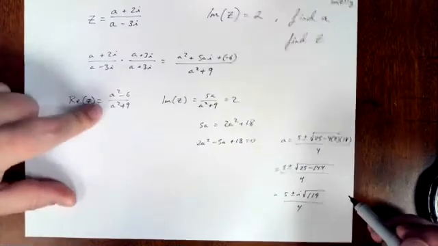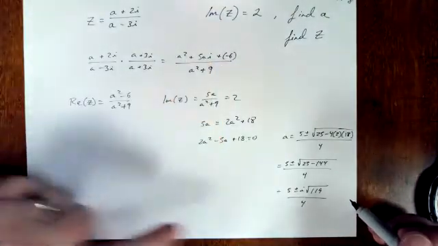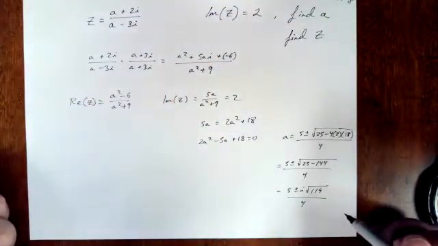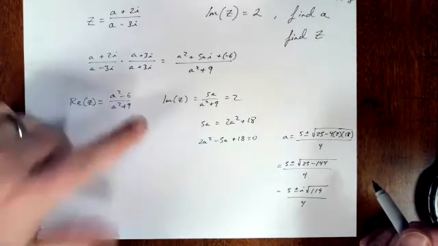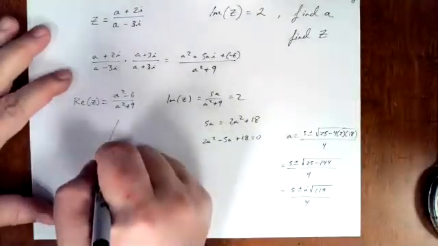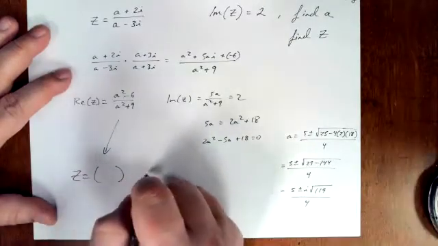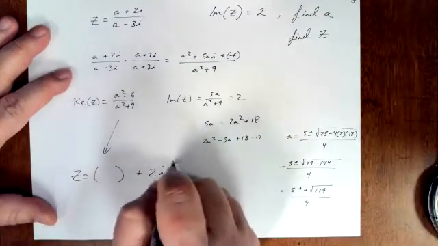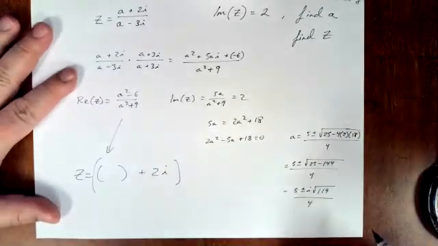Or you could plug it back into this. You already know what the imaginary part is. You don't have to fool with that. But you would take this, plug it into here, and find out what the real part is. And once you found out what the real part is, z is equal to some junk plus 2i, because you already know that the imaginary part is 2.